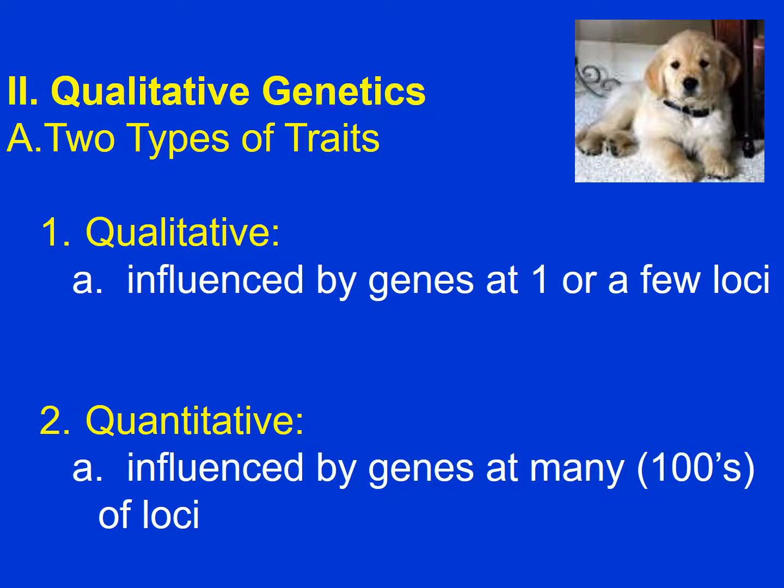So many genes are going to influence your quantitative traits. Each of these 100 genes may have just a very small effect. And by looking at the animal for quantitative traits, it's very difficult to determine which particular gene you might have at a loci.